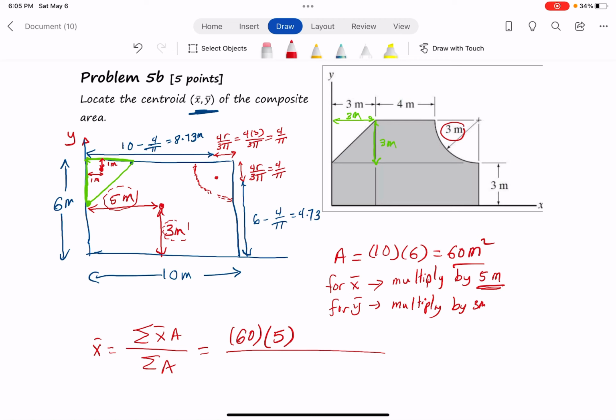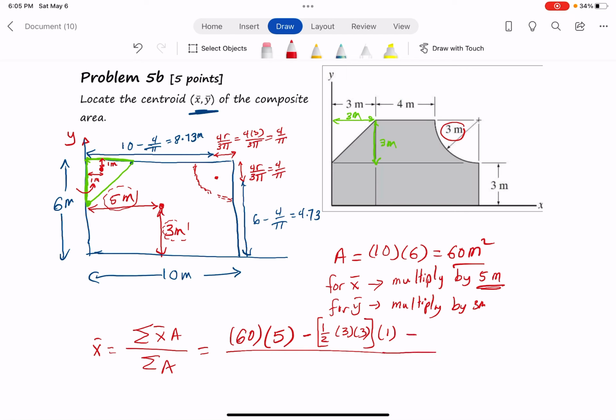The triangle is 1/2, but remember, it is a minus. So minus 1/2 times 3 times 3, that's the area of the triangle, times the factor that we multiply in the x bar, and that is times 1. You can see it here.